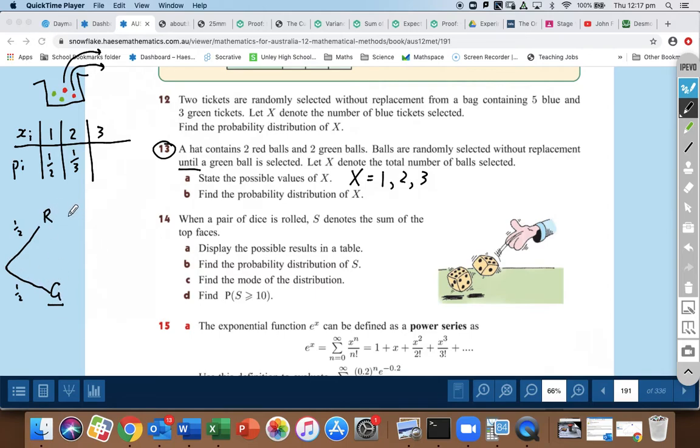If I got a red ball on the first draw, I'd have to go back in again until I got a green, right? Now at this stage, we've got 3 balls left. 2 of the balls left are green. So along this pathway, it would be a half times 2/3, right? So the probability that I had red then green equals 1/2 times 2/3.